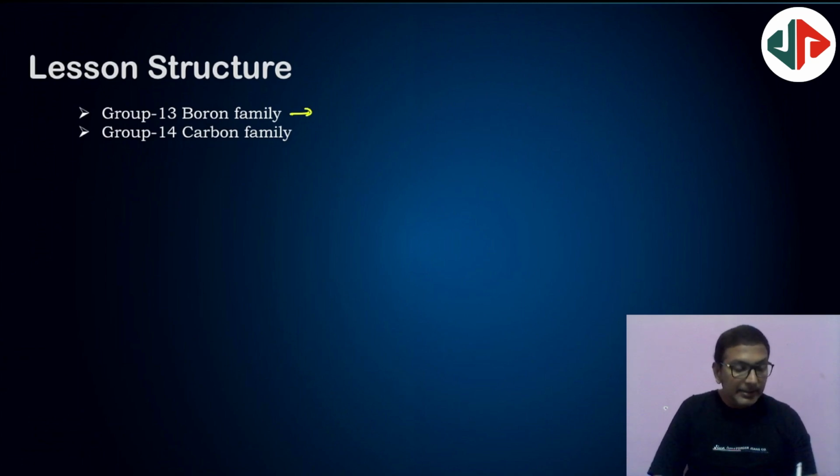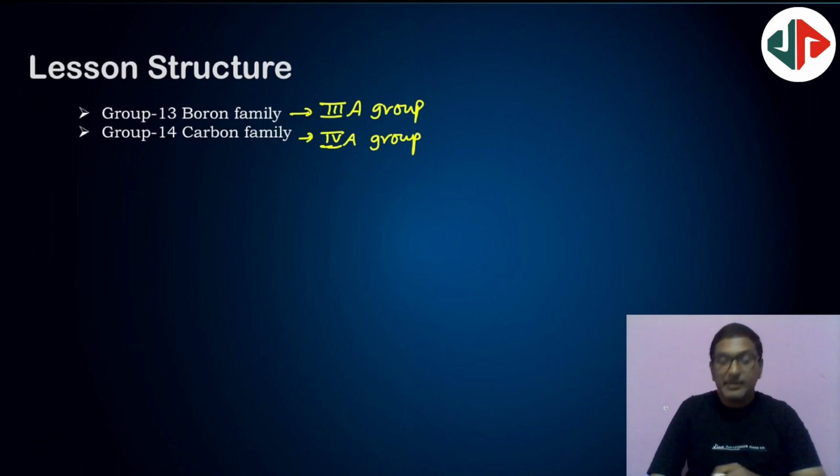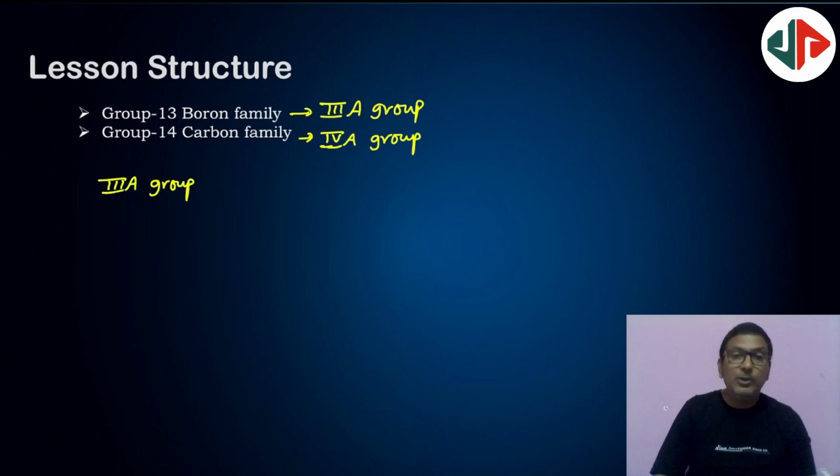So group 13 is also known as the third group, and group 14 the fourth group. The third group is the boron family.